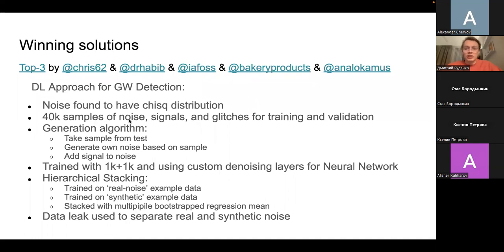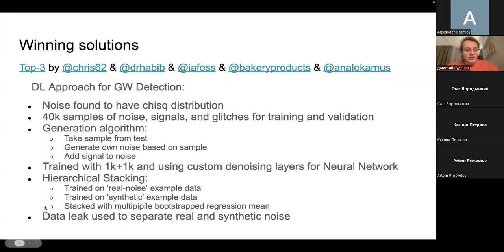And the third place solution, finally, some deep learning approach. It's a big team, mostly American. People did the following. They found out that the test set has 2 different types of signals: one which had noise with a normal distribution, and the second one with a chi-squared distribution.